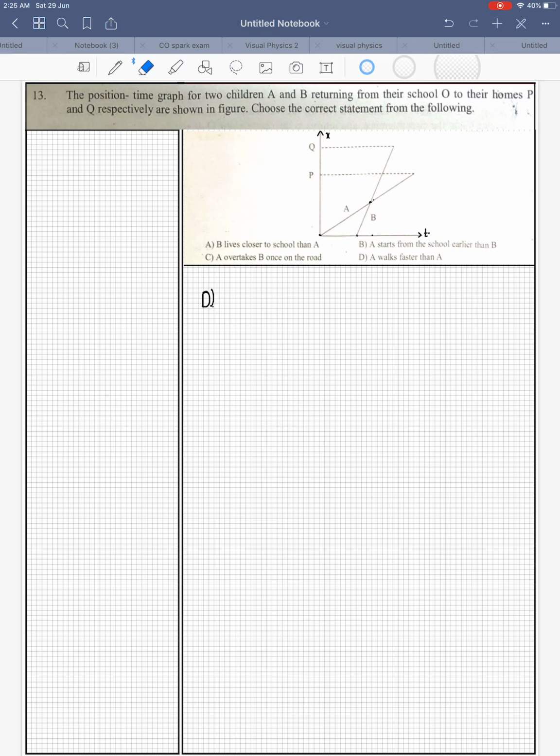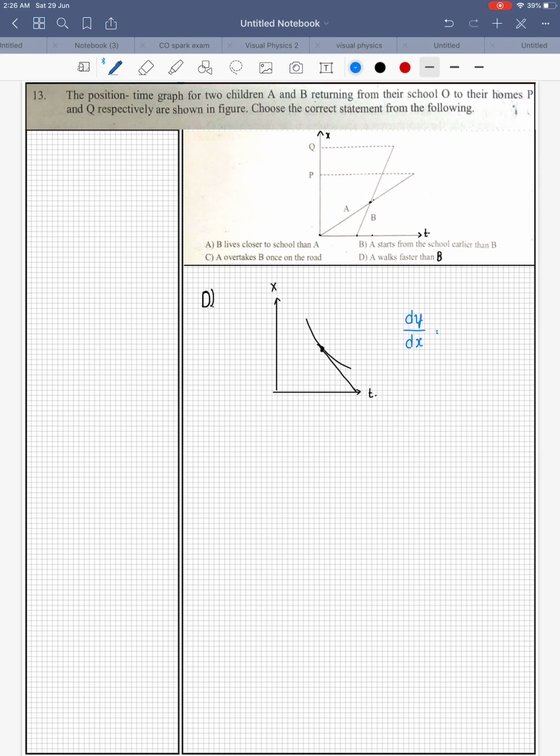Whatever the option, the concept is this: in a position-time graph, x-t graph, whatever graph it may be, the slope of the tangent at some point is given by, how do we define slope? dy by dx.